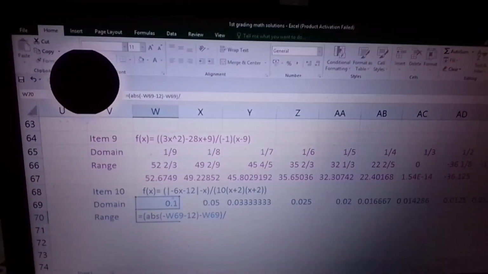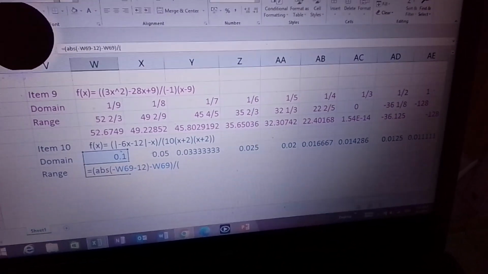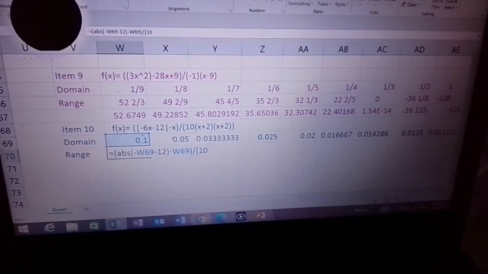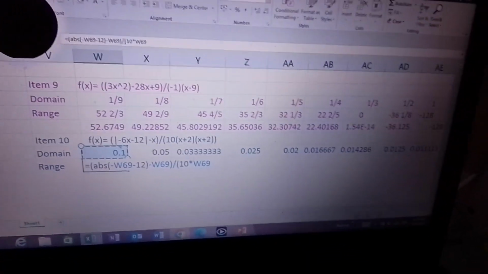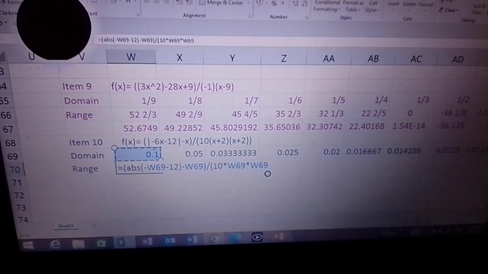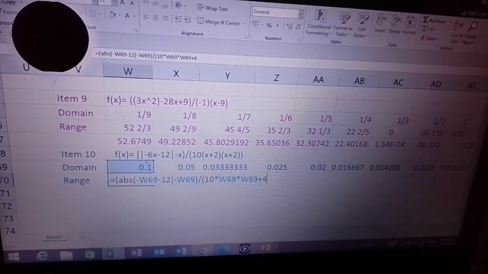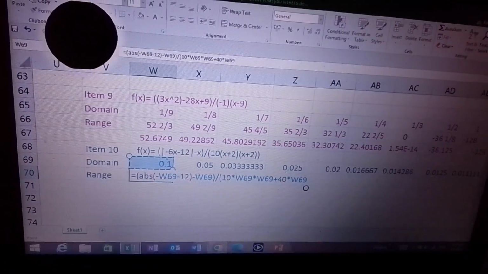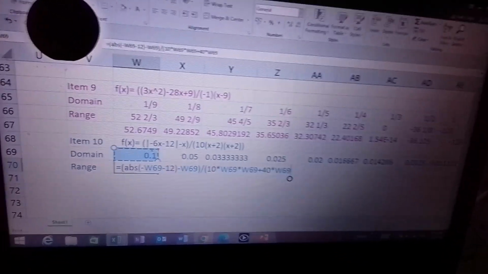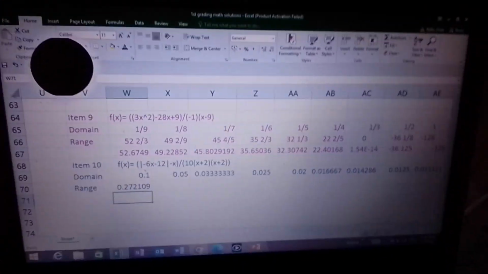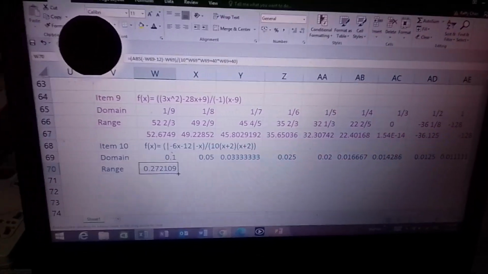It's 10x squared, then times this guy, plus 40 times this guy, plus 40. What answer did we get? We should get this answer of 0.2719.